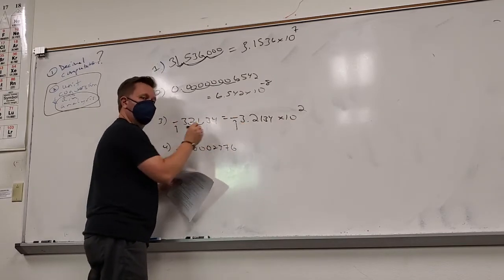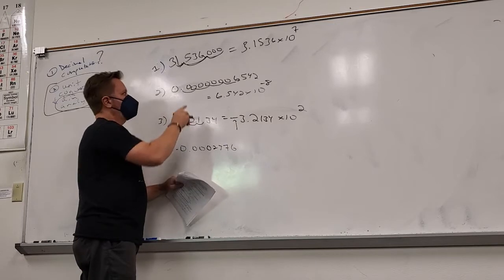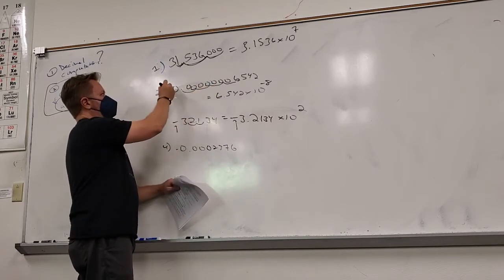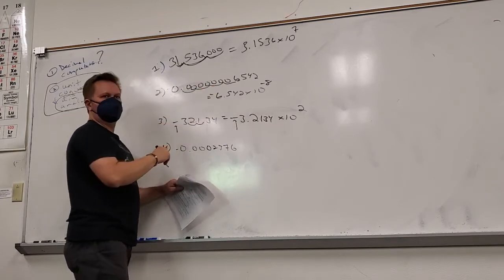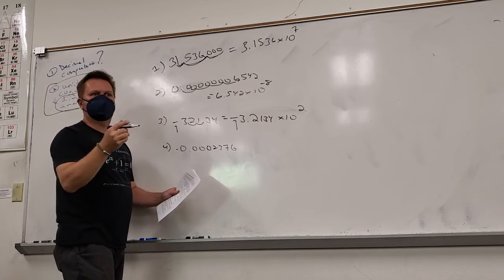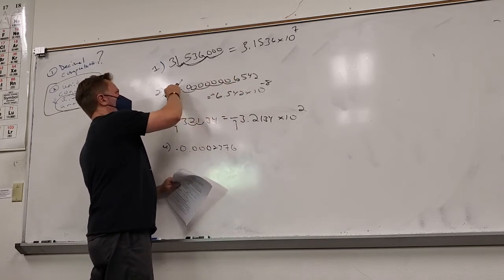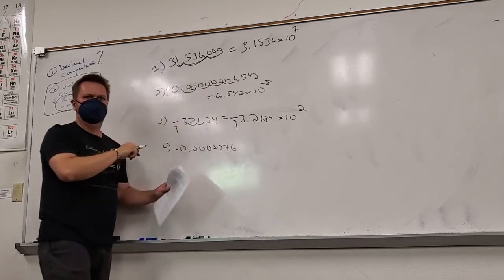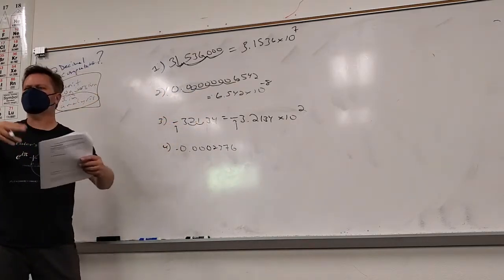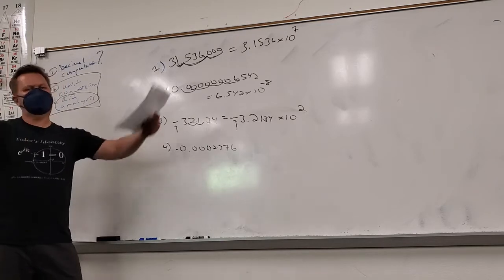You just bring it along for the ride, right? So how would this problem have changed if there had been a negative sign? I would have just put a negative sign. That's all it would have done. This changes to scientific notation, and it just happened to be negative. So the negative sign does nothing to my work. It's just a negative number.